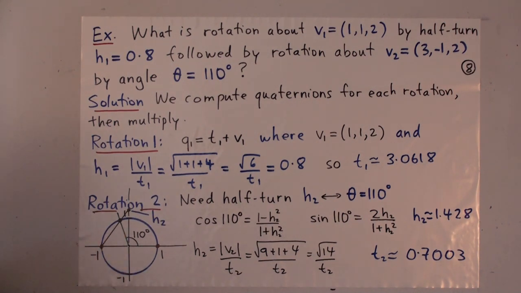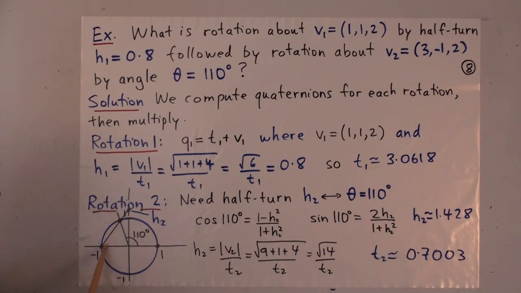There's an angle of about 110 degrees. Let me remind you geometrically what it means to find the associated half turn. So we look at this point on the unit circle. We join minus 1 to it. We get a line that meets the y-axis in some point with a coordinate h, or h2. That's the half turn associated with this rotation. So we need to find the coordinate of that point.